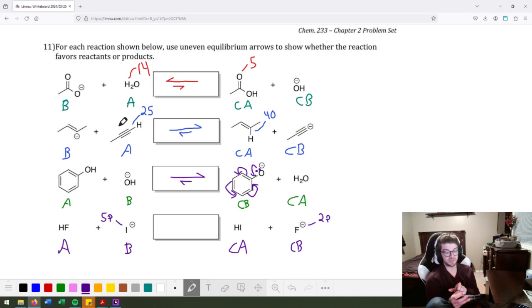So there's two kind of combating factors here, which is size and electronegativity. And so we just kind of have to decide which of these is going to have the bigger influence.